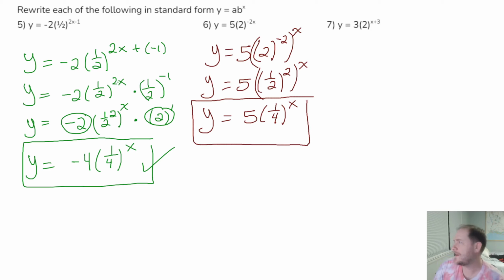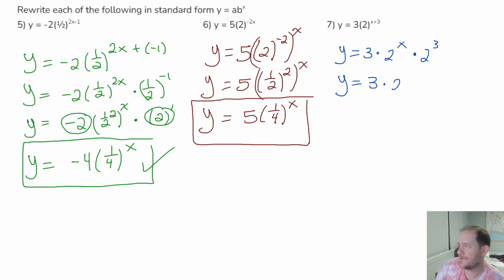All right, and then the last one, we see it's an addition problem. So we would break this down to be a 3 times a 2 to the power of x times a 2 to the power of 3. Because we know when we have a sum in our power, that must have been a product of the 2. So to break this down, that's still just a 3. This is still just 2 to the x.